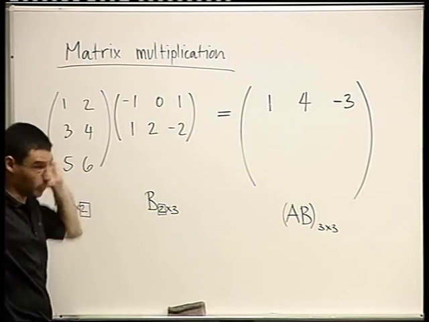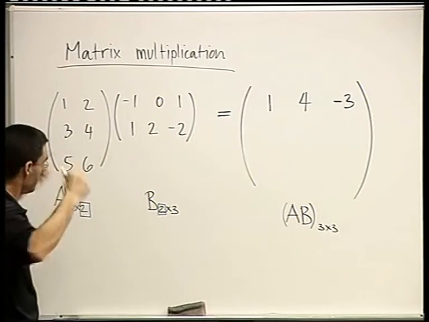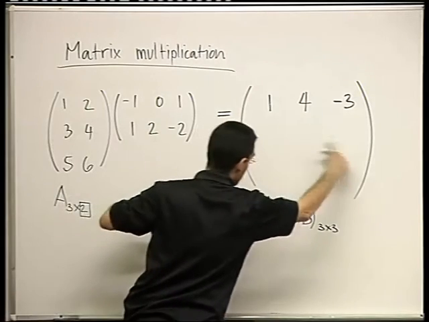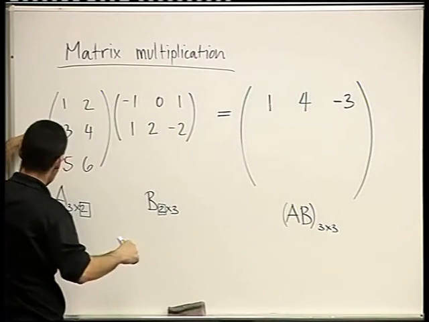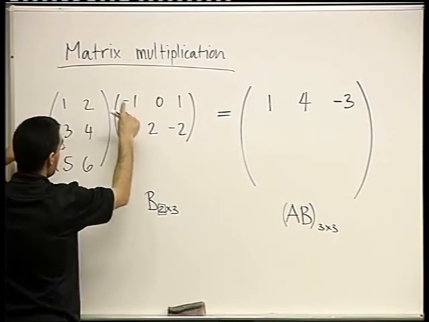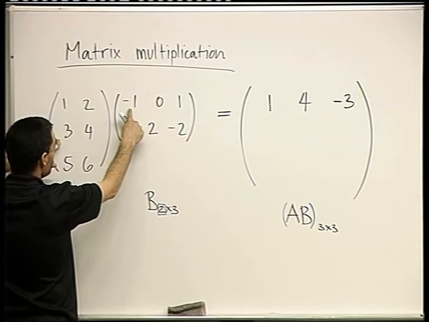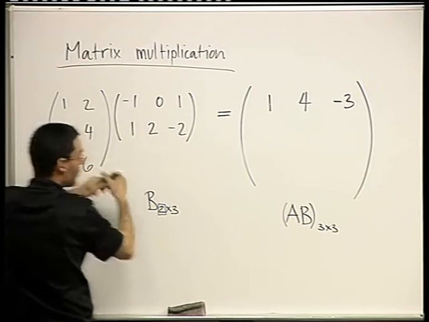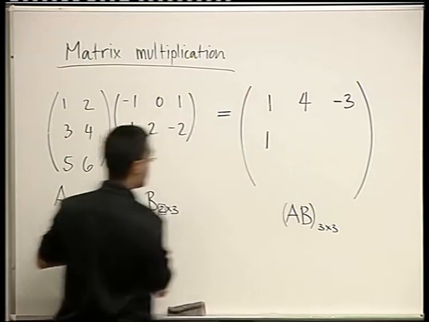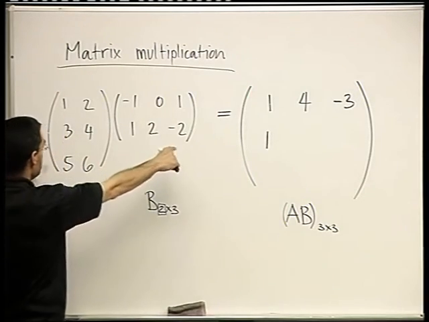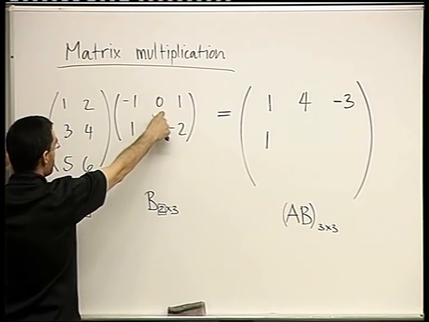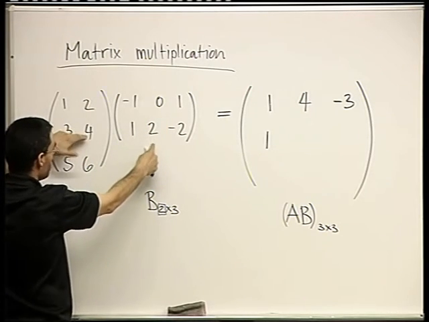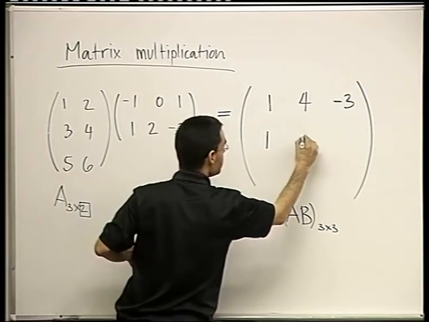It's just weird the first time you see it. Let's do the second row. Second row, first column. 3 times negative 1, negative 3, plus 4. Negative 3 plus 4, 1. Row 2, column 2. 3 times 0, 0, plus 4 times 2, 8.